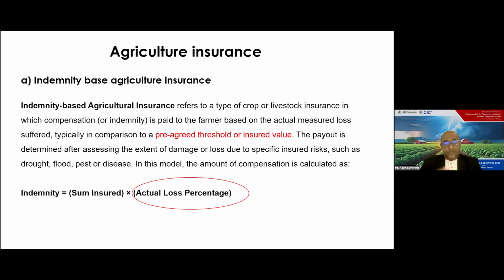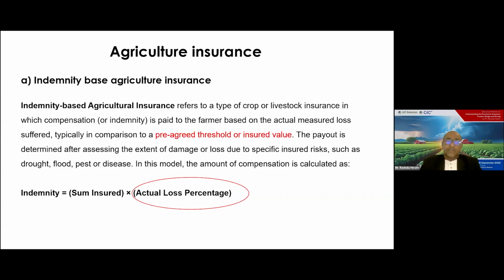But the majority of parametric products are in line with agriculture insurance. So when we talk about agriculture insurance, as you mentioned about the flood, if there is a flood, agriculture is the key sector impacted, right?